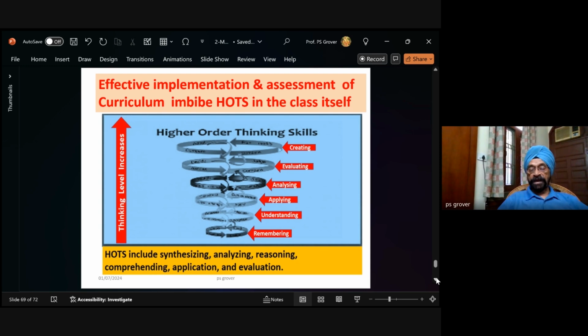So in order to have an effective curriculum, in order to implement it realistically, we need to emphasize higher order thinking skills. So teachers should understand these things. Teachers should be able to see what it involves, what kind of teaching it involves, what kind of assessment it involves. The teacher has to be aware of this and implement this in order to make the curriculum effective.